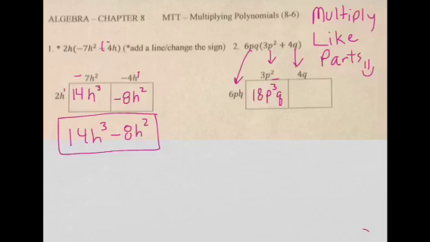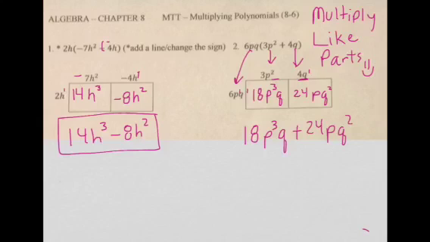Then we're going to go to the next term. So 4 times 6 is 24. P, there's nothing in the 4q that would change the exponent. And then q squared, because the q's both have 1s for exponents. So our answer is going to be 18p cubed q plus 24p cubed q squared.